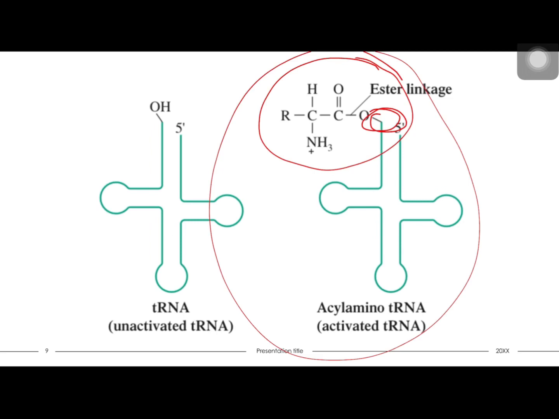Also, amino acid tRNA pairing is governed by the tRNA ligase. The amino acid that the tRNA carries is determined by codons rather than anticodons. Meaning, if the codon is GGU, then the amino acid that the tRNA should carry is glycine.